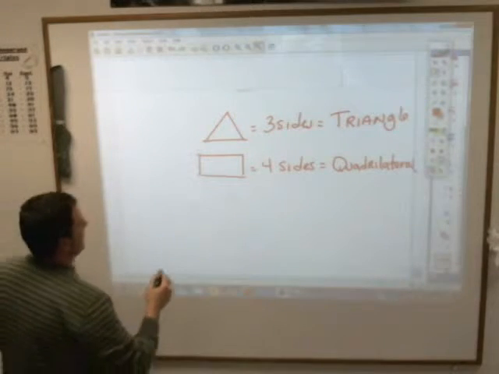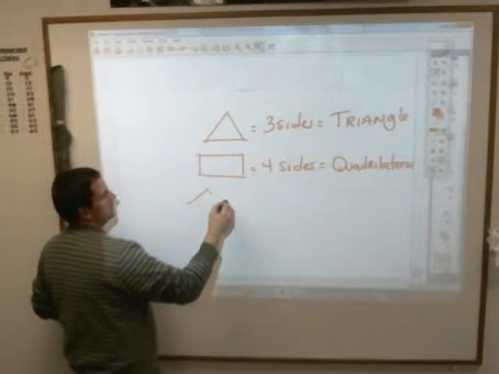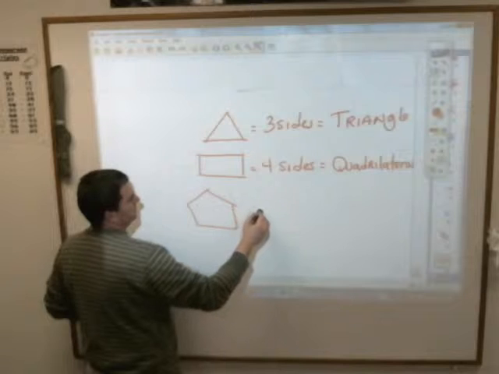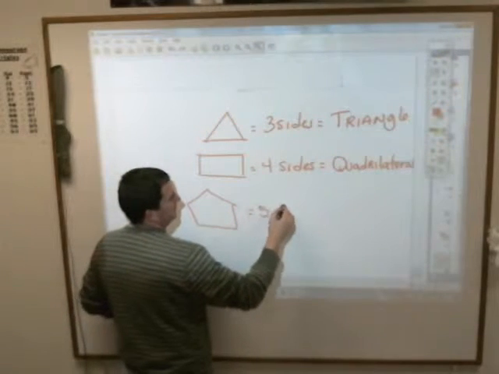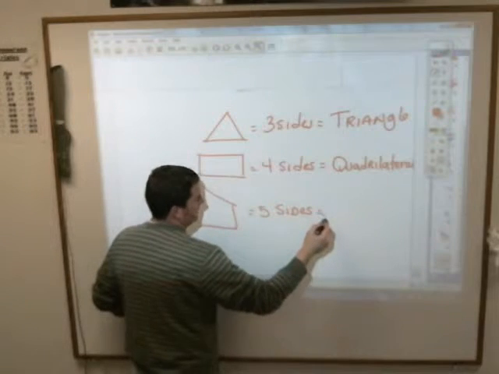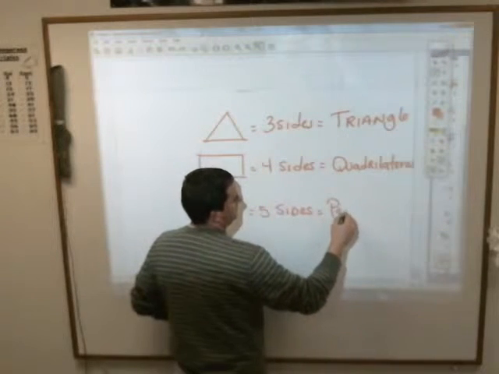If a shape has five sides, kind of looking like this, that's not a house. It is a pentagon.